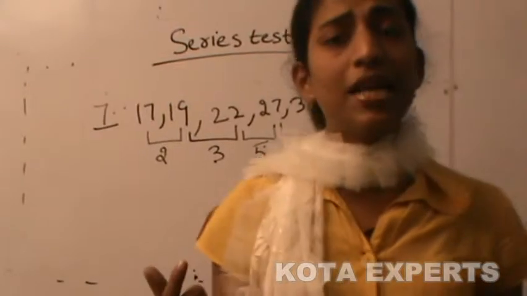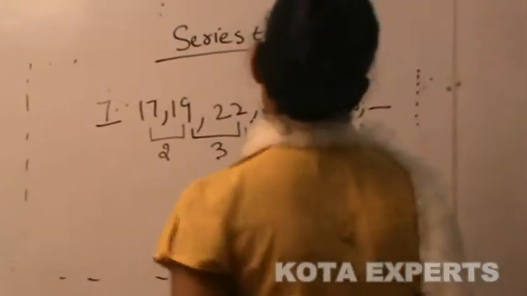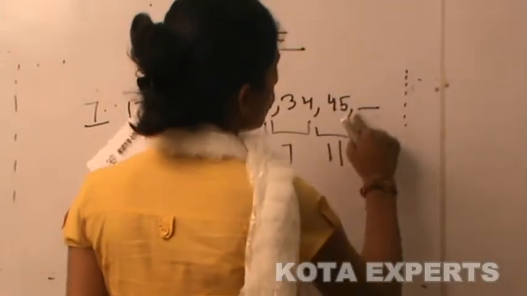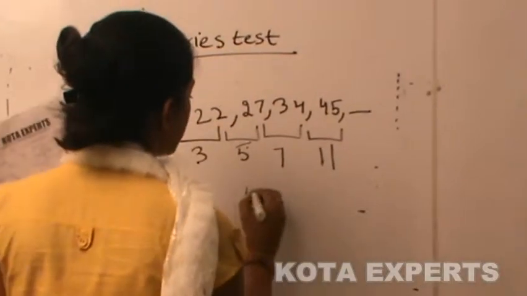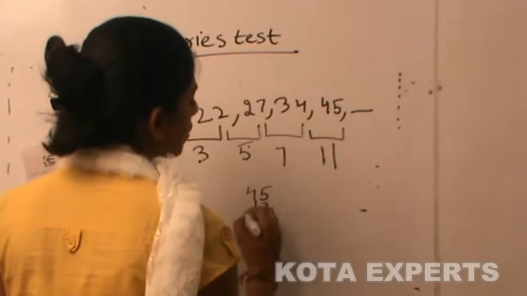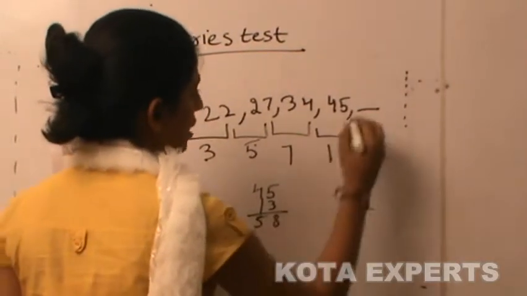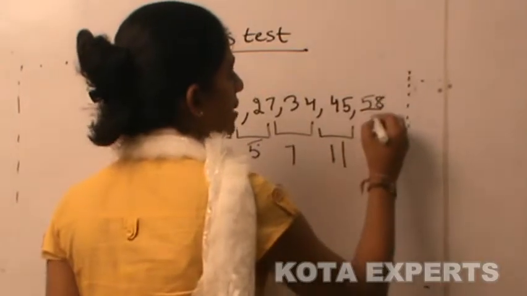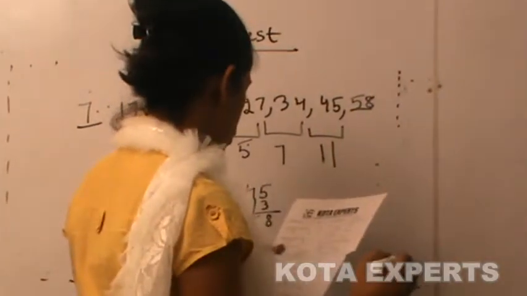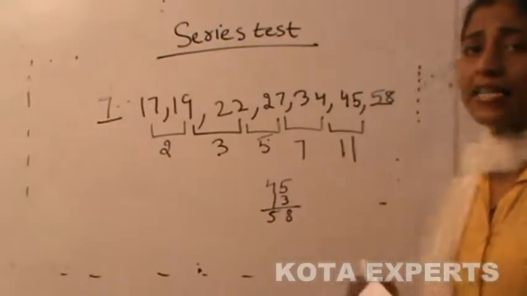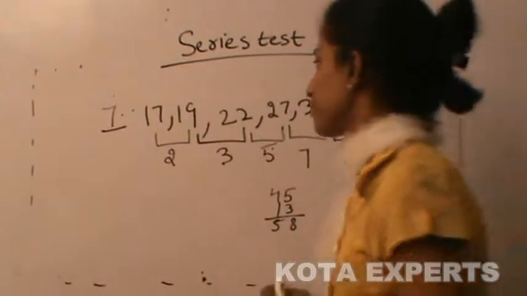So the next prime number is 13. So you have to add 13 to this number and you will find the answer. 45 plus 13 is 58. So 58 is the answer. Option A is correct.